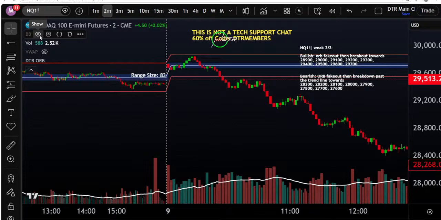So for me, the part that a lot of people don't understand about trading is the math required behind it. If I'm flipping a coin, which effectively I am, right? Either my next trade's going to be a win or a loss.